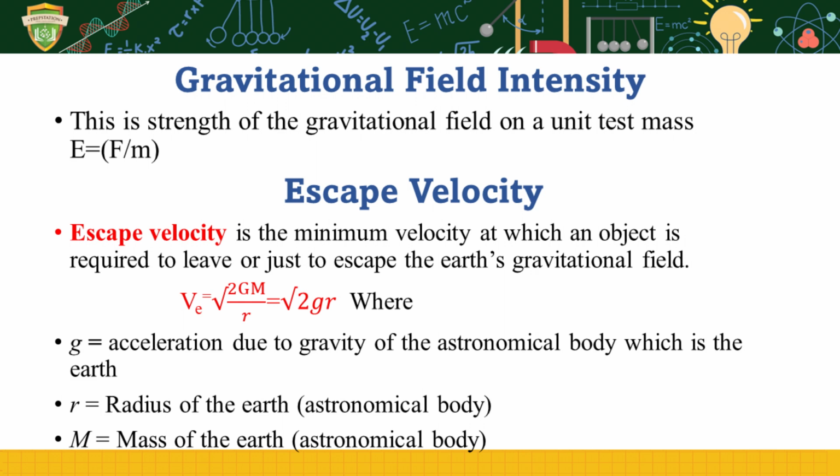From there, the formula is derived, which is v is equal to square root of 2GM all over r, which is also equal to square root of 2gr, where g is the acceleration due to gravity, r is the radius of the Earth, and M is the mass of the Earth. So our escape velocity is given as square root of 2GM over r, or square root of 2gr.